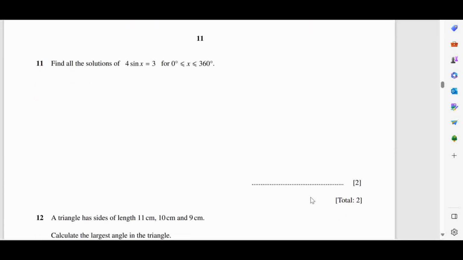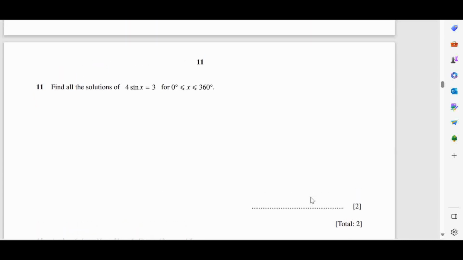This one is again from the trigonometric functions, that sine of x will be equals to 3 by 4. As we can see that 4 is multiplying with sine of x, so we have to move it to the other side. So x will be equals to sine inverse of 3 by 4.